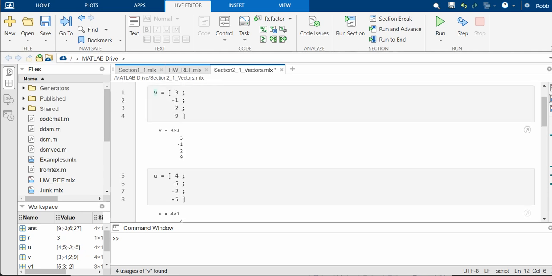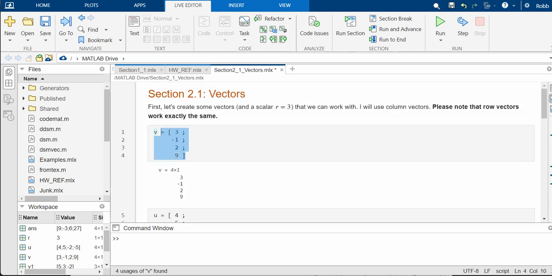Also, I want to make this point. A couple people have asked, wait, I don't know how to get a column vector, okay? All you do for a column vector is each row has to end with a semicolon. Well, if you have a column vector, there's only one value per row. So you put in the value, semicolon, and you can do it in a line.